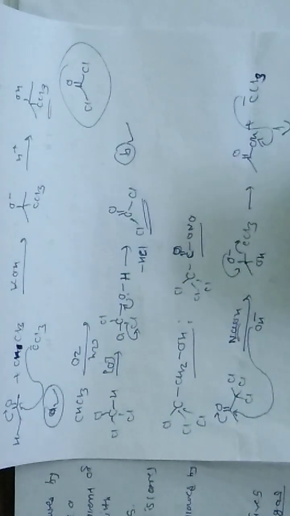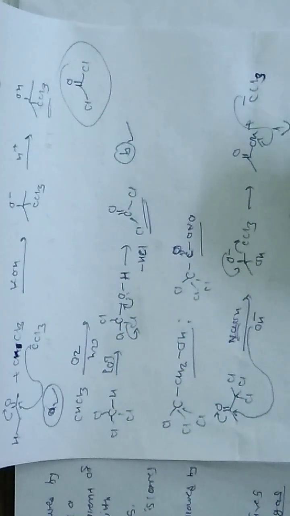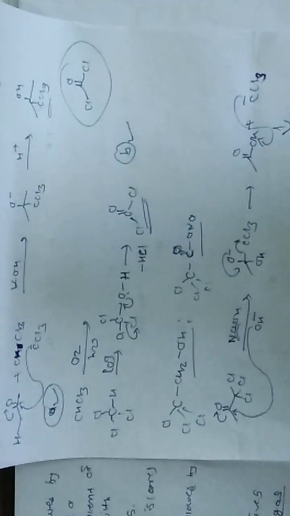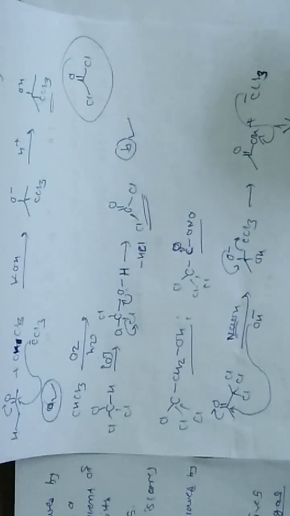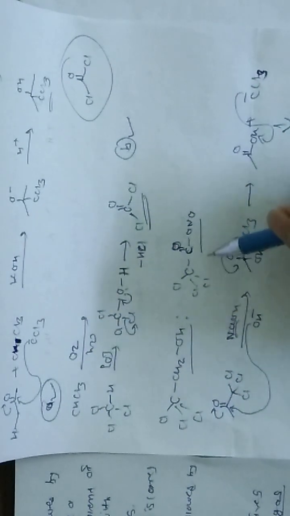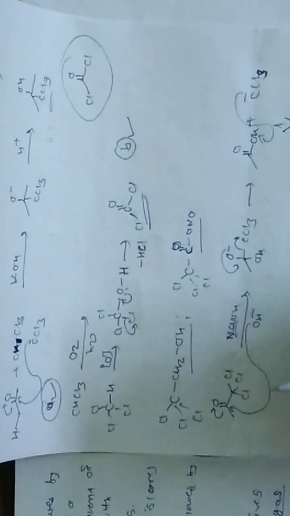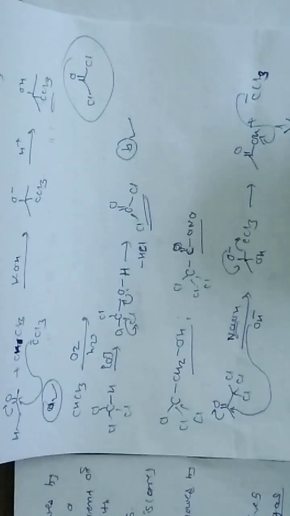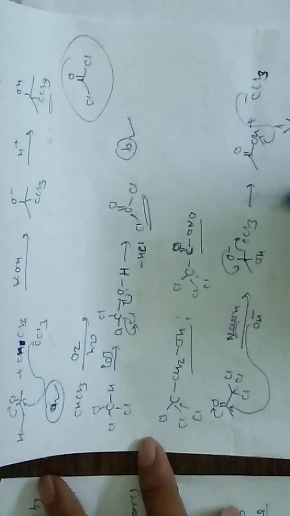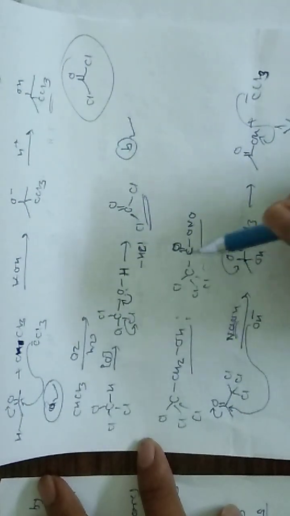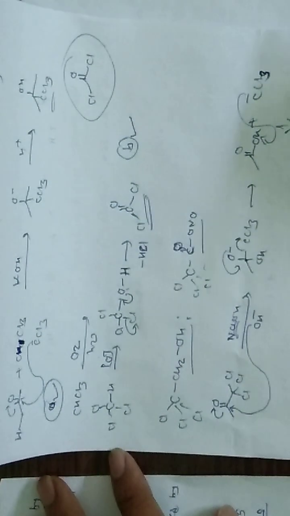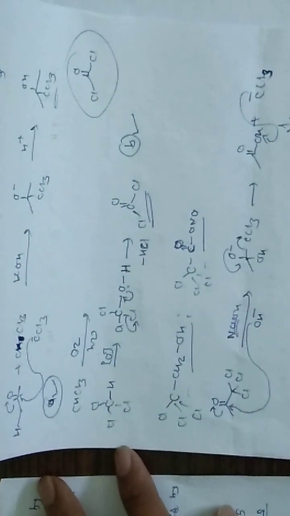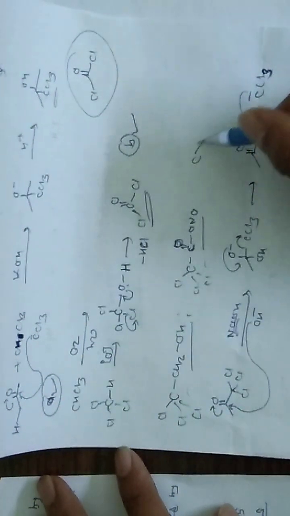Sodium. So this will form the sodium carboxylate and chloroform is formed. Here, what is in the option? This is the sodium salt of acetic acid, but this is not sodium trichloroacetate. So our products are not the same as in the given option. So our option C is wrong.